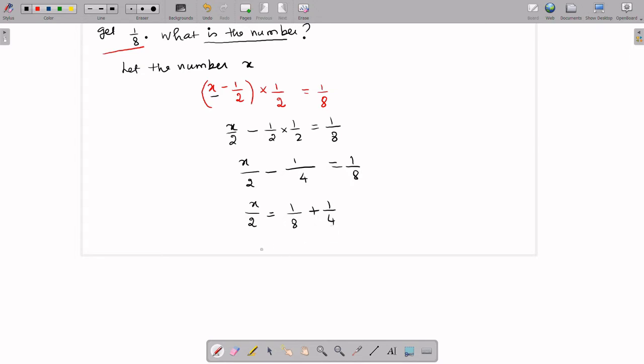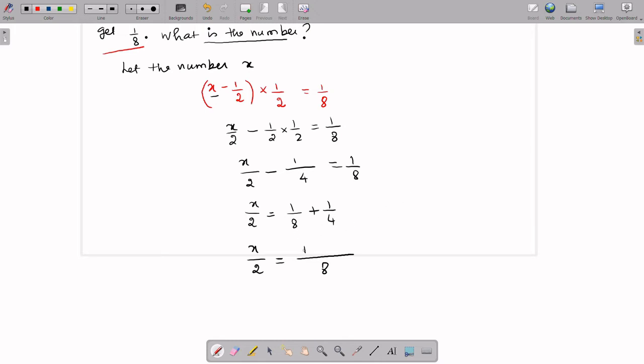So you have x by 2 is equal to 1 by 8 plus 1 by 4. We have to take the LCM. Here we have 8 and 4, so the LCM is 8. You know that, isn't it?